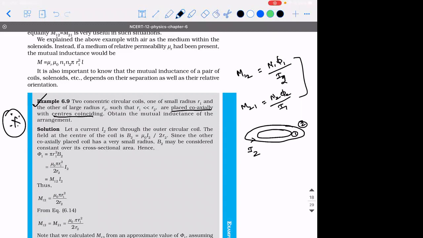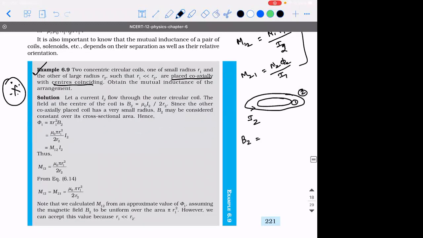If I call that B2, what is the magnetic field due to a circular coil at the center? Mu naught I divided by 2R. So mu naught I2 divided by 2 times R2 is the value of the magnetic field due to the second coil.